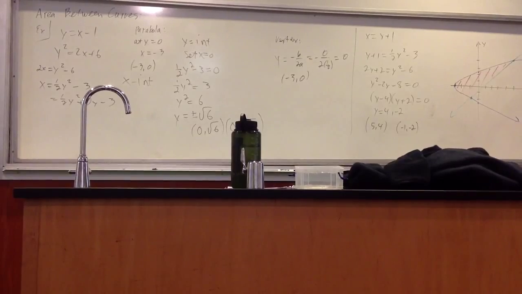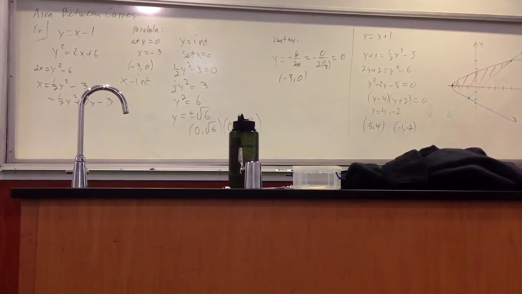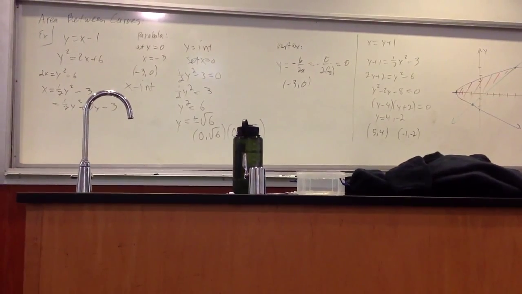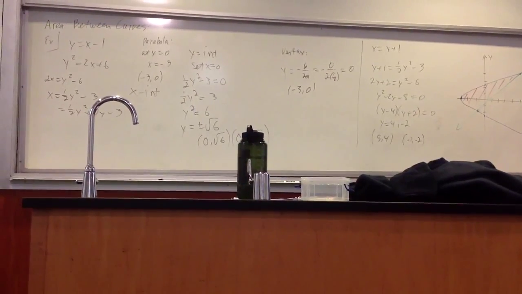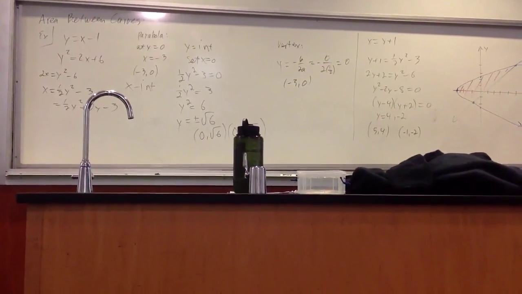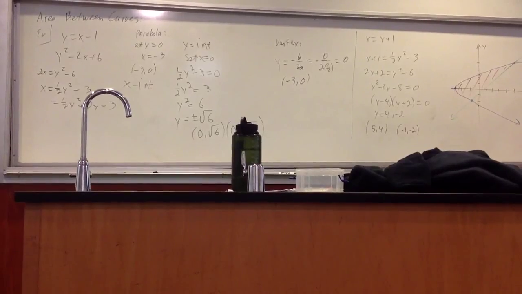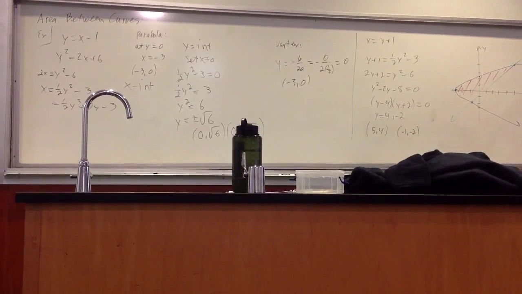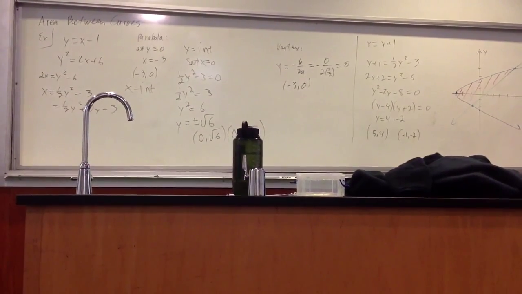Then he found the vertex for the parabola. Okay. Then he equaled the line to the parabola to find the intersects. Where the line and the parabola intersect, yeah.